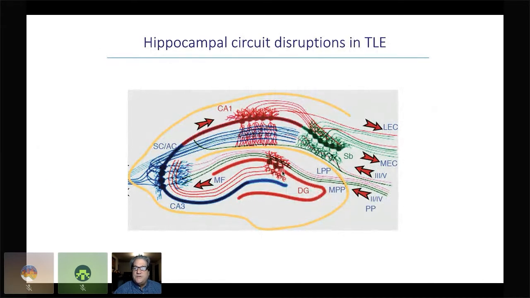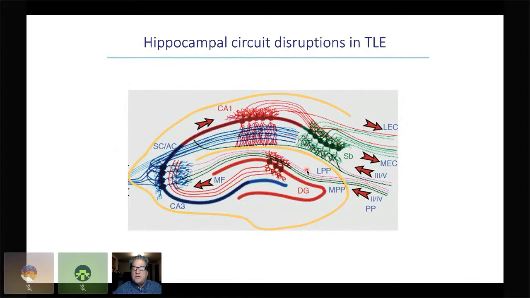The dentate granule cells, the principal cells of the dentate gyrus, receive this input, get excited, and send their axons onto downstream targets, area CA3, and then CA3 projects onto CA1, and then CA1 closes a loop by projecting back to lateral entorhinal cortex and also to the subiculum, which projects to the entorhinal cortex. So this is a series of excitatory connections that form a loop.